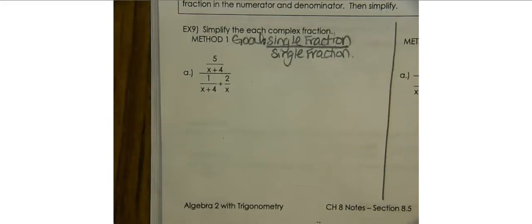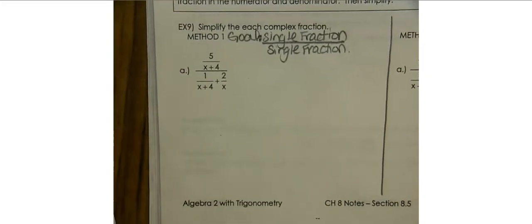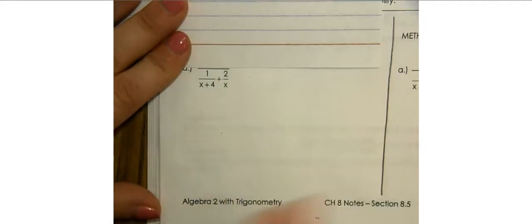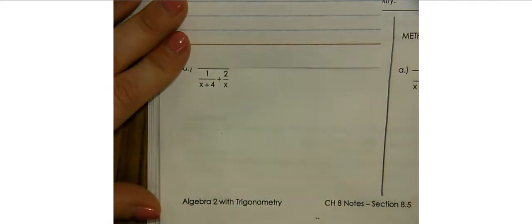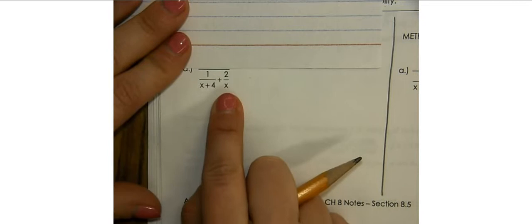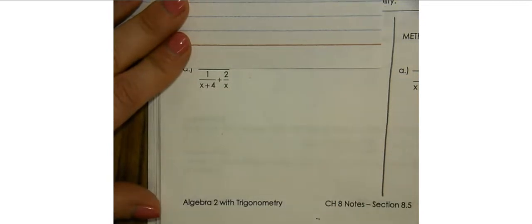So what's nice about letter A is that we already have our numerator as a single fraction. So I'm not going to look at it anymore. I'm now just going to focus on the denominator. And in my denominator, I need to come up with a least common denominator between x plus 4 and x, just like we did in the last lesson.